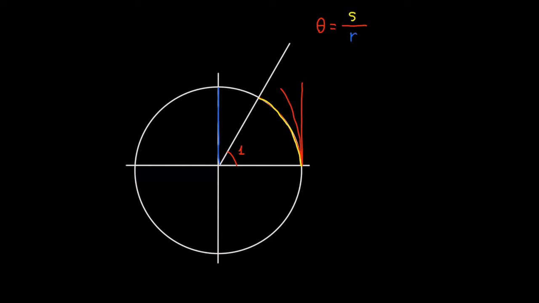And as they are both lengths, we can, for example, express them in meters, and we divide meters by meters, so in the end we do not have any units when we are measuring our angles in radians.